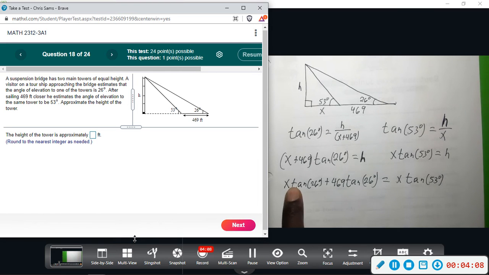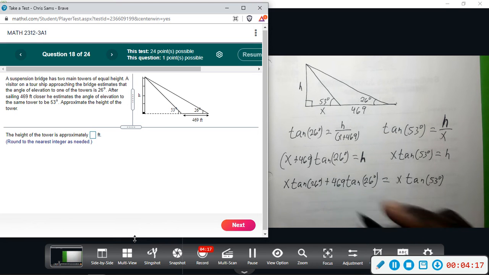Okay, so to get the two terms with the x on the same side, we're going to subtract x tan 26. Move that over.